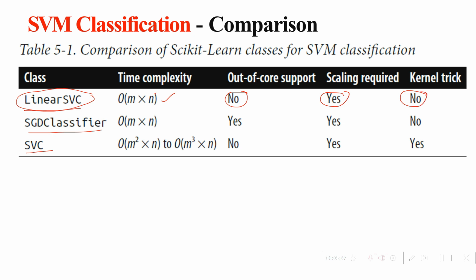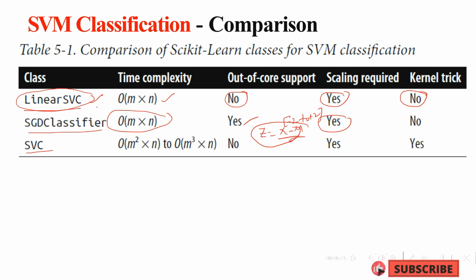The stochastic gradient classifier also has time complexity O(m × n), but it supports out-of-core learning and also requires the standard scaler. Standard scaling means z = (x − μ) / σ, so the data points fall roughly between −2 and +2. This is applied for LinearSVC, the stochastic gradient classifier, and SVC, which is very important. The stochastic gradient classifier does not apply the kernel trick.